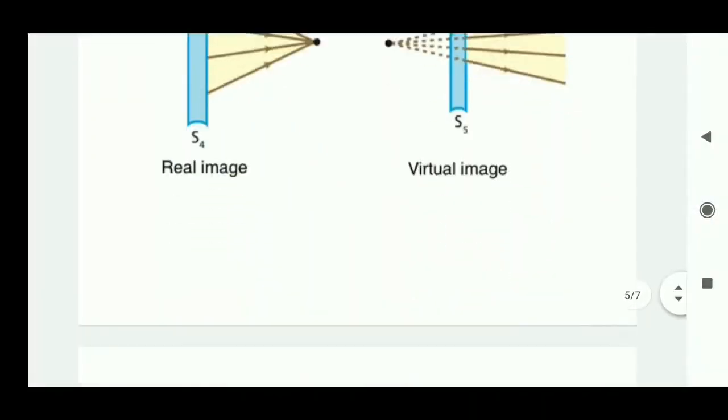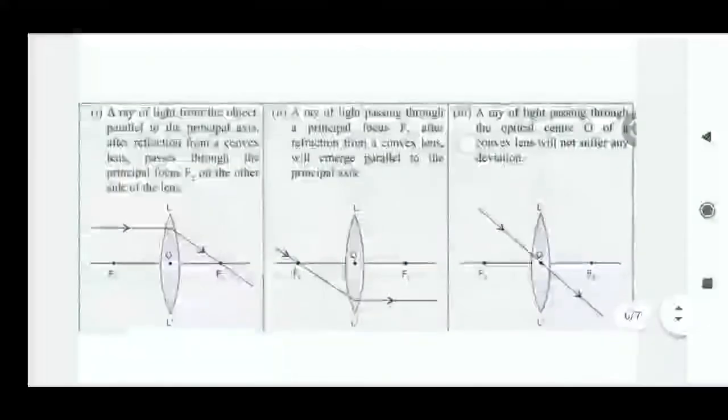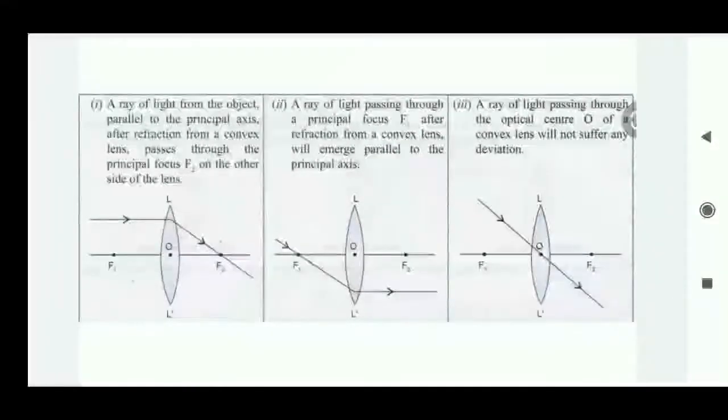Now we'll see some important ray diagrams of lenses. For example, the line passing through the center is the principal axis. If a light ray passes through the lens parallel to the principal axis, it must go through the focus. Suppose it enters from the left side, and it goes through the focus on the right side. Why?